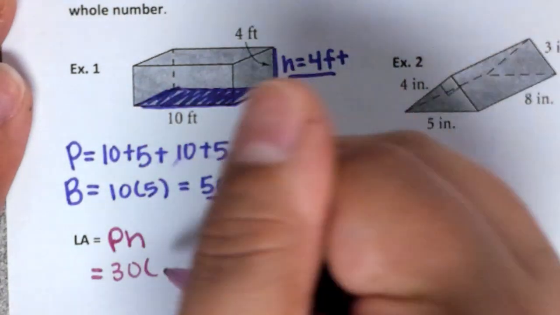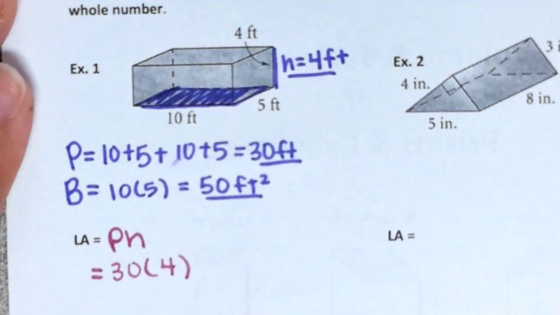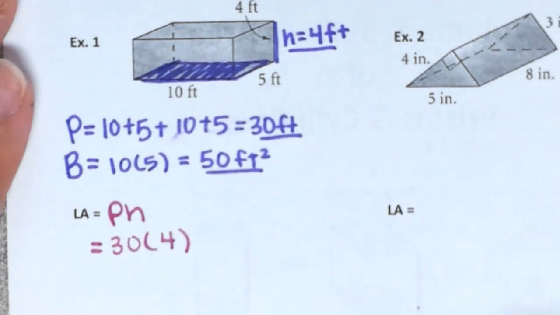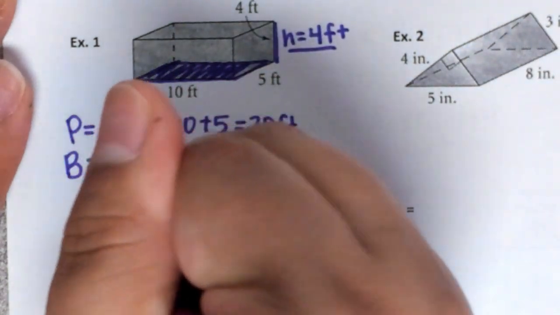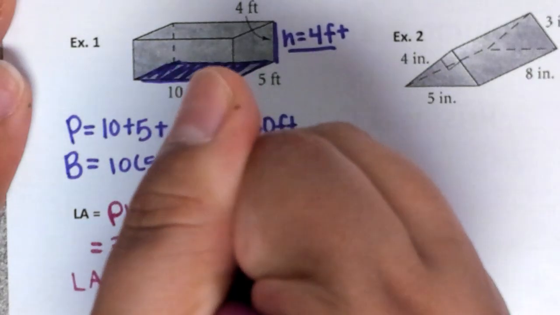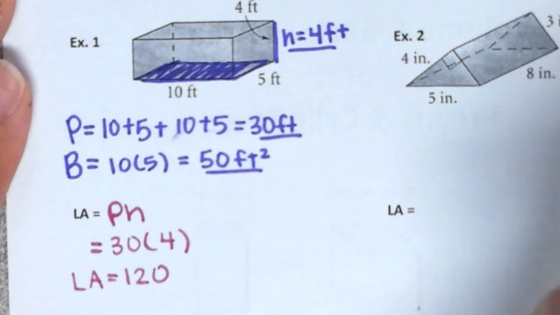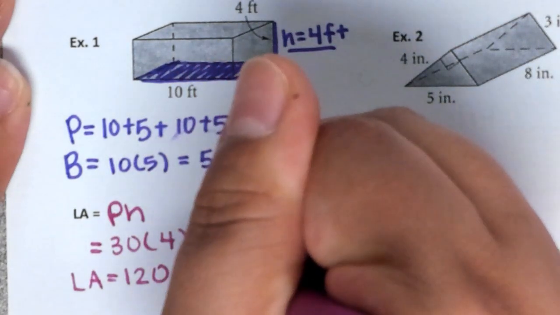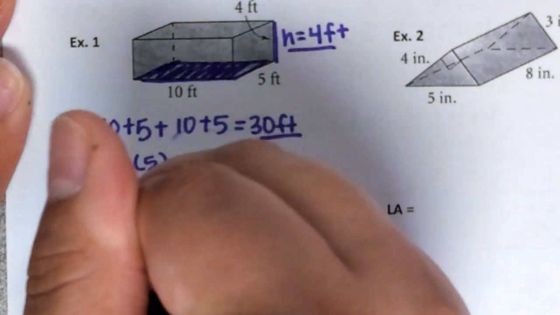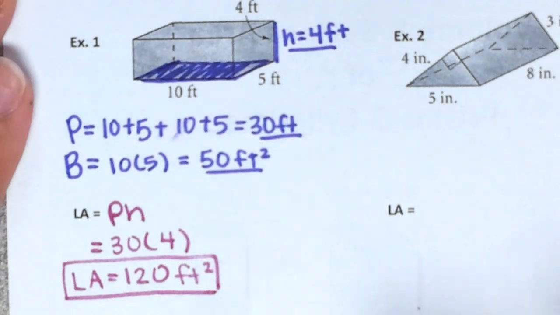My perimeter is 30. My height is 4. And what is 30 times 4? 120. And what are we talking about right here? Area. So what does my units need to be? Feet squared, because it's area. Bam.